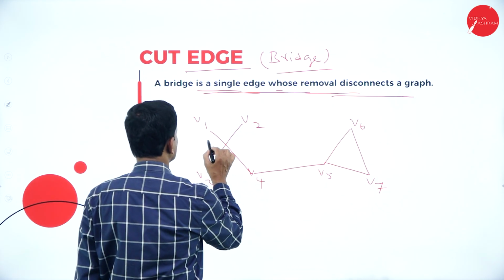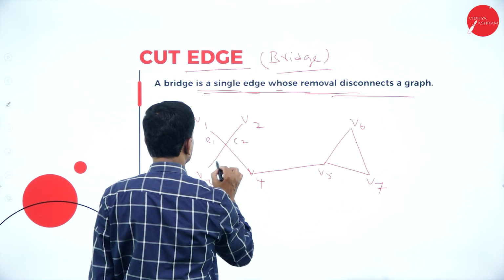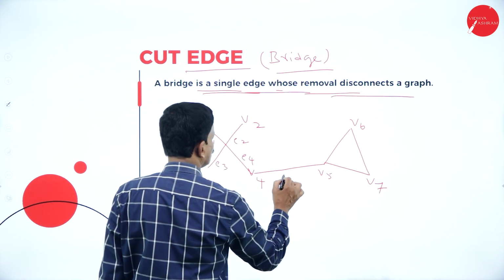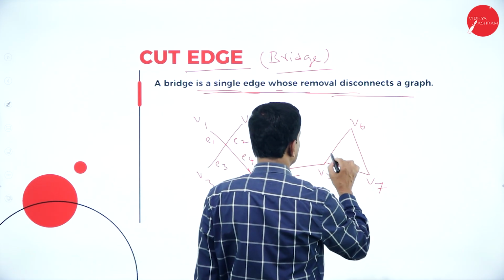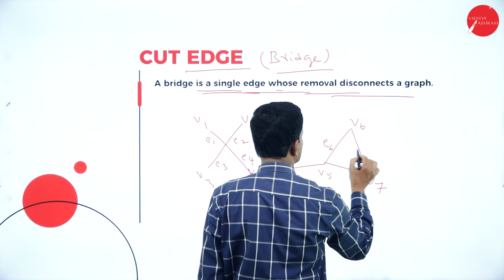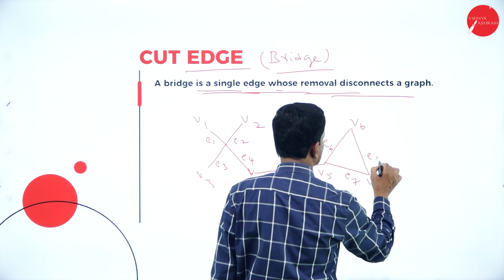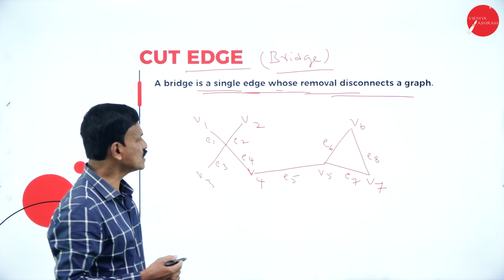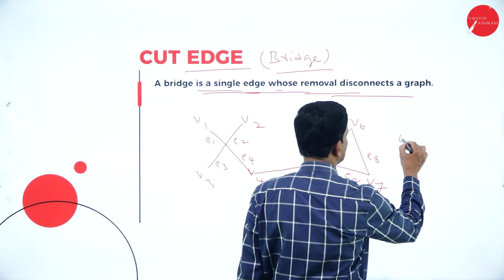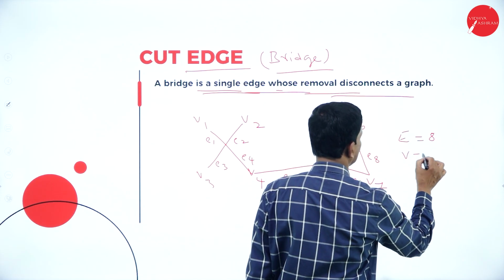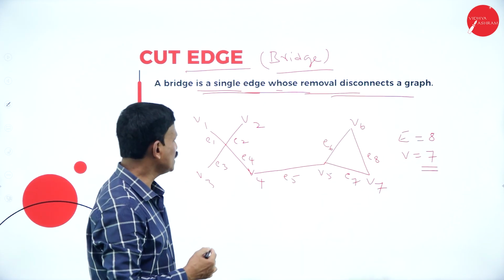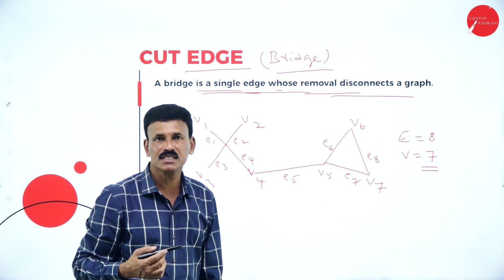What are the edges here? This is E1, E2, E3, E4, E5, then E6, E7 and E8. So this graph contains 8 edges and 7 vertices.